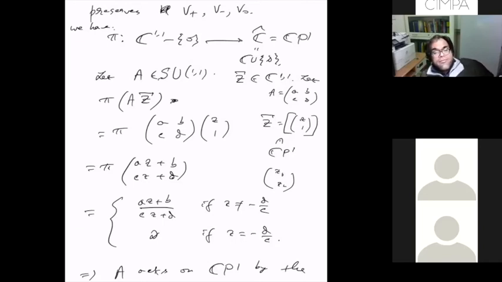But if you replace it by the determinant minus 1 component of U(1,1), that will give you the same action, but the lift Z will be replaced by Z bar, 1. All right.